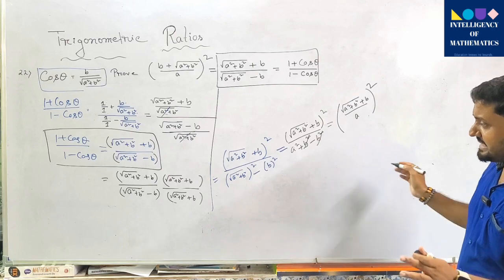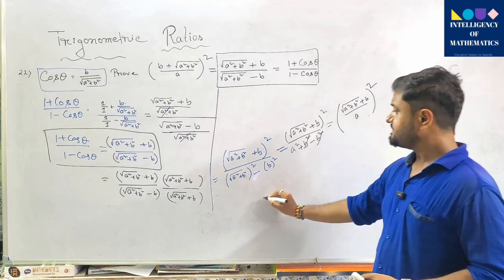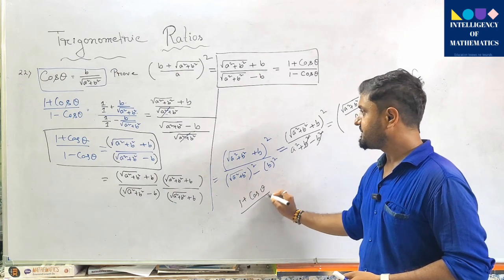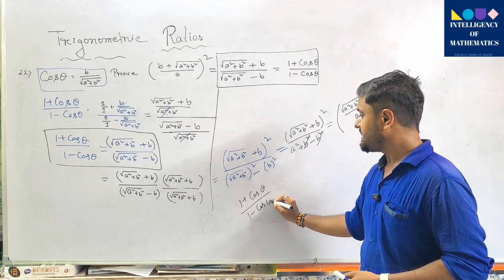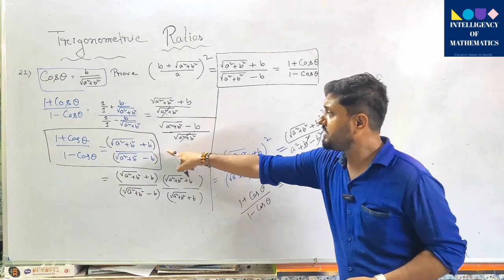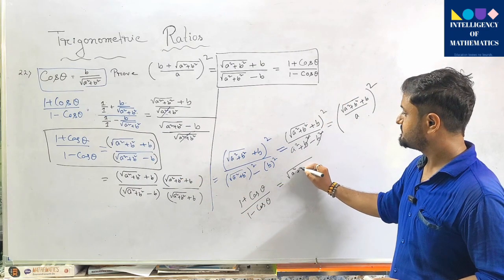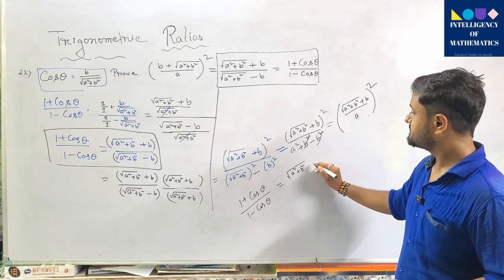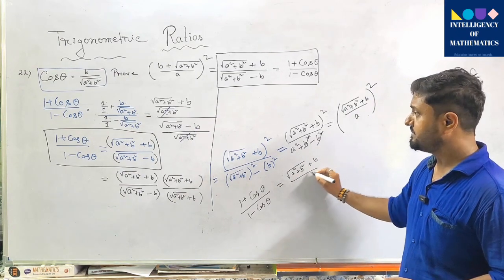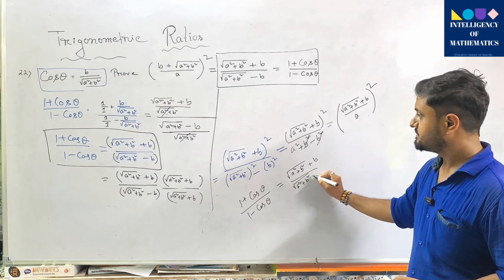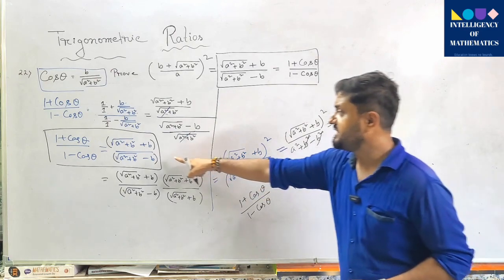So what did we get? Let us sum up. We got 1 plus cos theta by 1 minus cos theta equals, beforehand we got this, and down, so already got here.